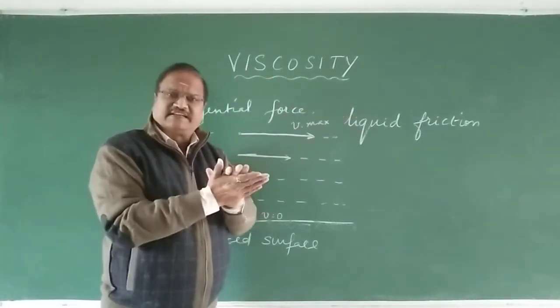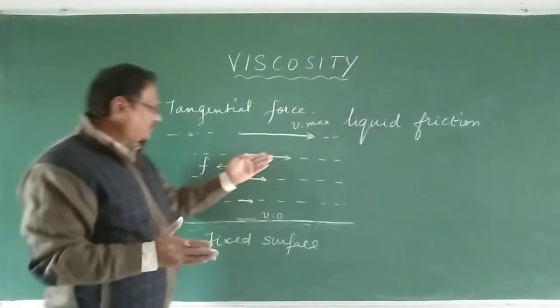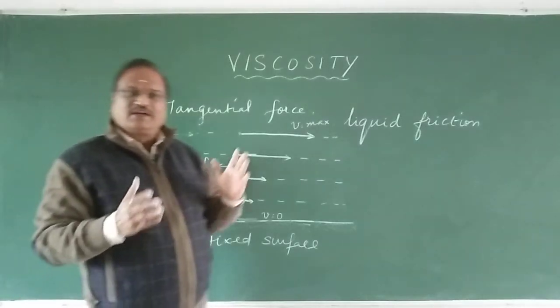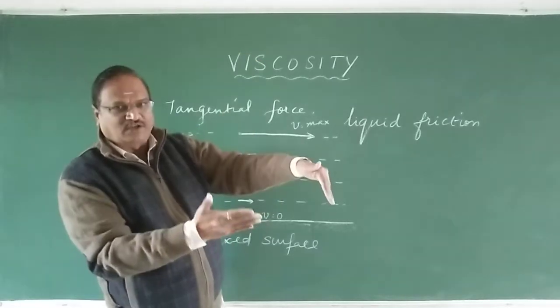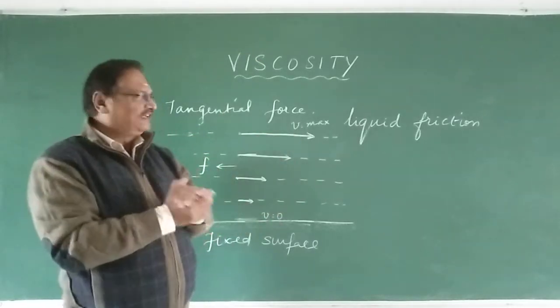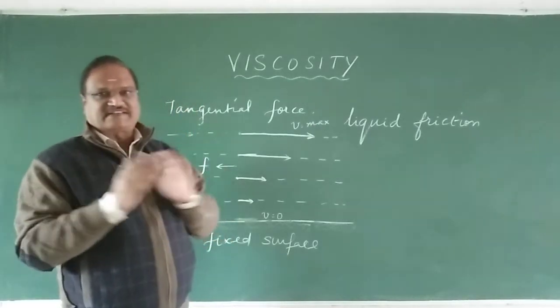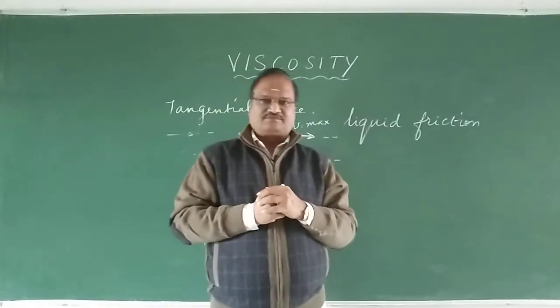Between these layers, the tangential force is acting, and so the frictional force in the opposite direction is also a tangential force. It is not perpendicular or acting at a particular angle; it is going to be tangent to the surface. Okay, so I understand. So, very simple, let us take everyday life.